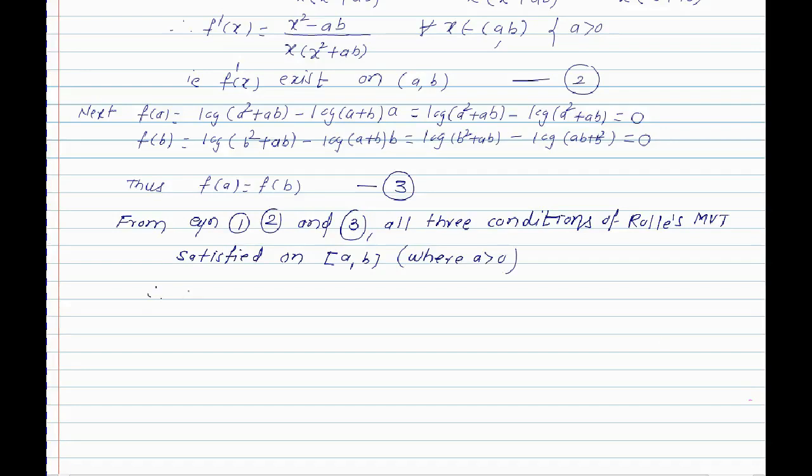Therefore, by Rolle's mean value theorem, there exists at least one point c in the open interval a to b such that the derivative of f of x at this point c is 0.